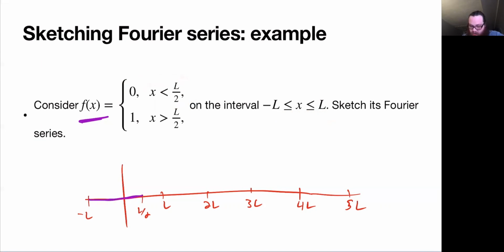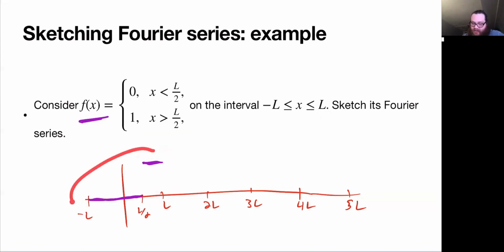So our sketch will look like this. Now, for x greater than L over 2, and implicitly x between L over 2 and L, the value of the function is 1. So it's going to be something like that. And the value of f at L over 2 and L, and in particular at negative L, doesn't really matter.